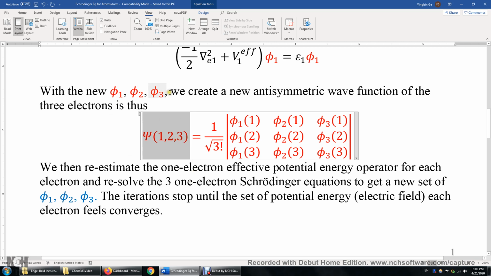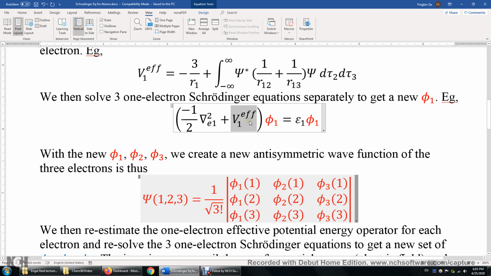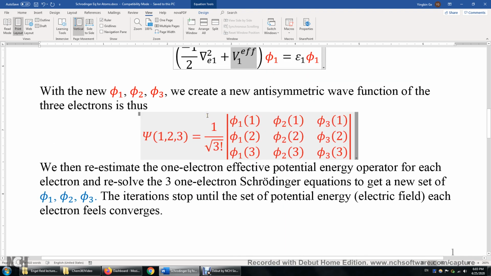And we keep doing these iterations until the set of potential energy, so this V1, V2, V3 for the 3 electrons, converges. So what does that mean? We keep doing this, we do multiple steps, but if this effective V1, effective V2, and effective V3 are equal to or very close to the V1, V2, V3 of the previous step, we say the iterations converge.